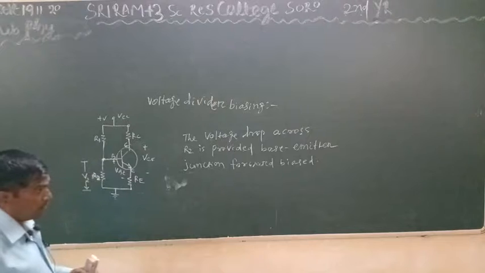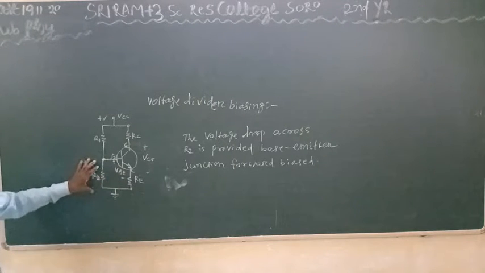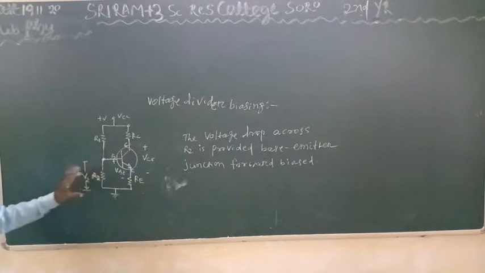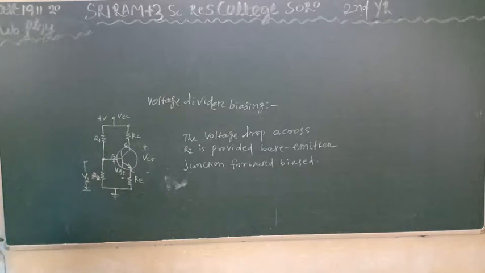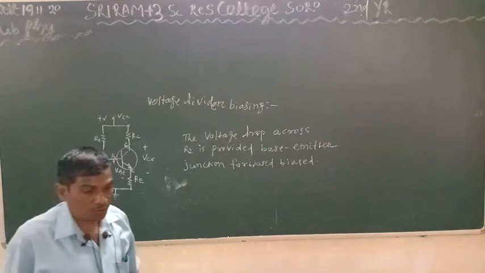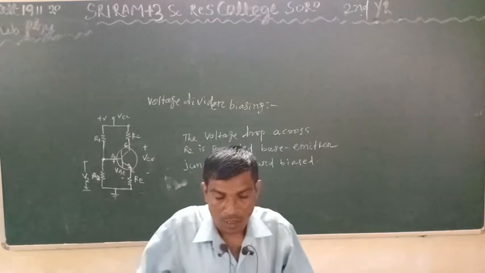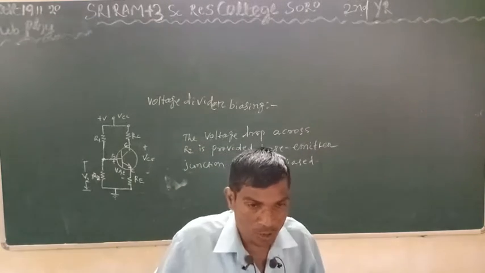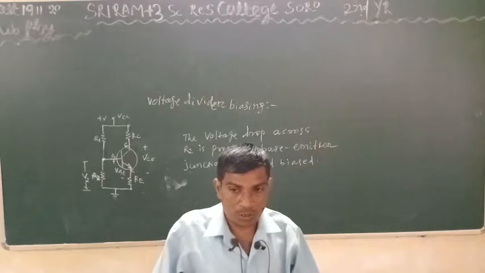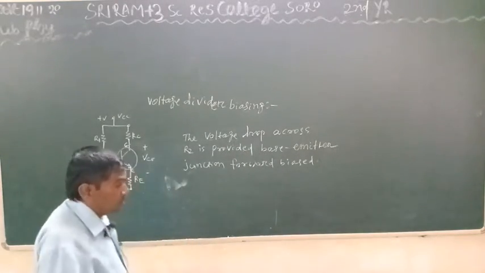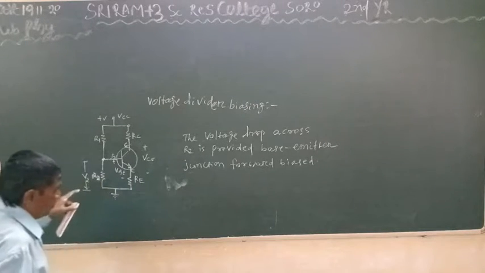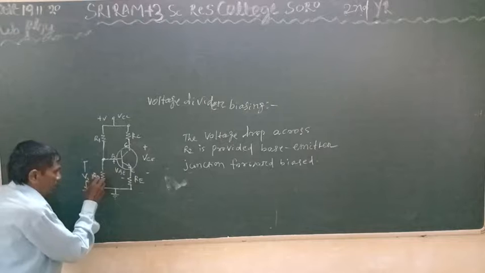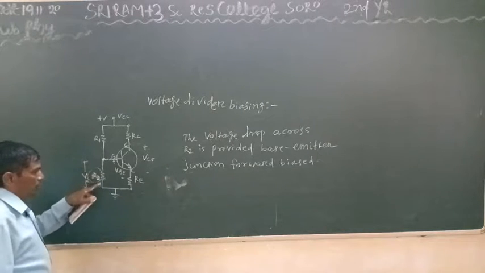Now we consider the drop of voltage in R2, that is V2. V2 is considered as the base emitter junction being forward biased. In the previous class, we discussed that the base emitter junction is always forward biased and the base collector junction is always reverse biased. So in this base emitter junction, the forward bias is considered as the voltage drop V2.